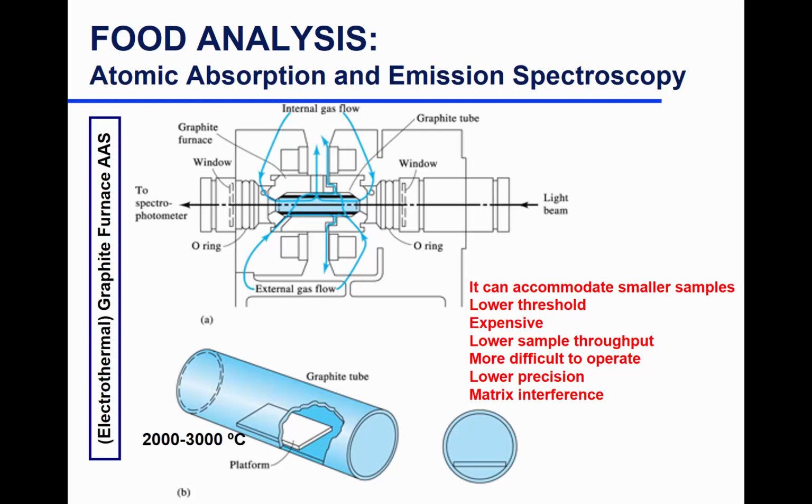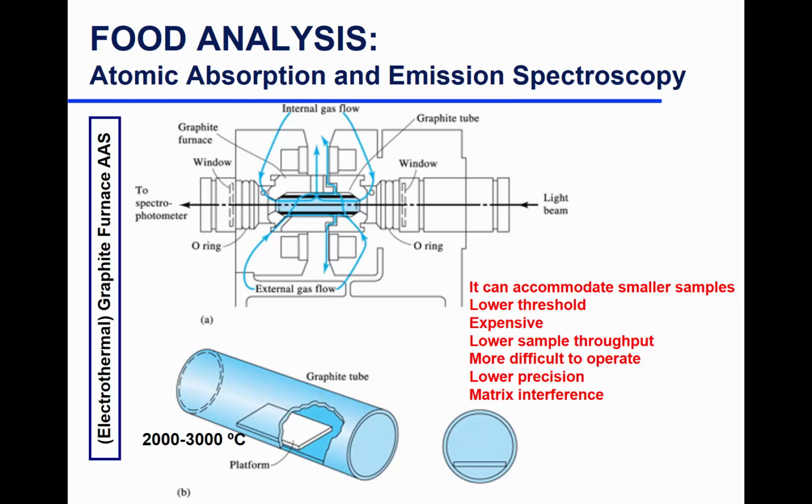The real benefit of this graphite tubing is when you have a really small amount of sample. When you aspirate your sample, you have about 10 ml in a tube, so you have the luxury to aspirate sample into the flame, but sometimes your sample is like 1 ml. You don't have the luxury to aspirate and take your time to measure in the flame.